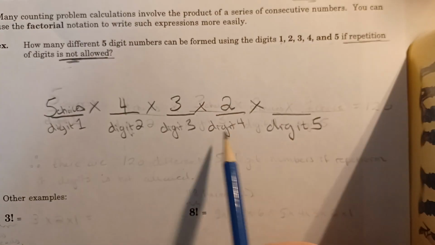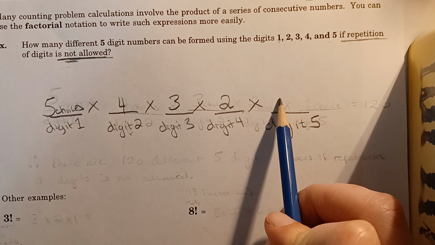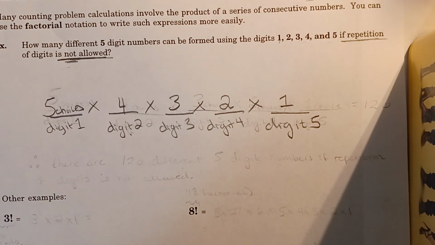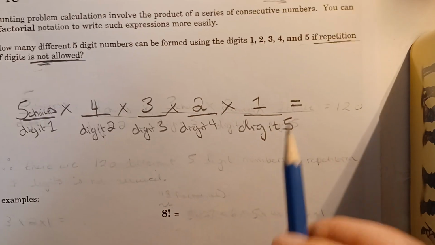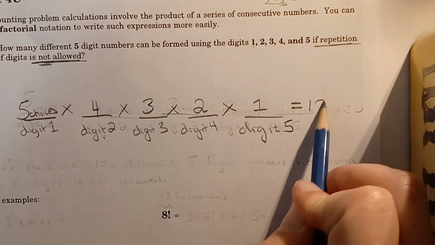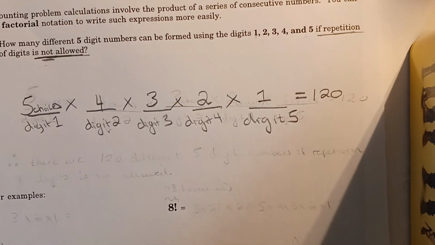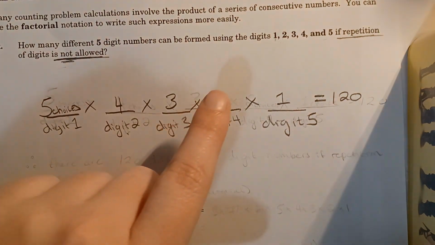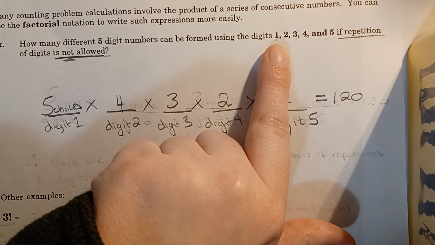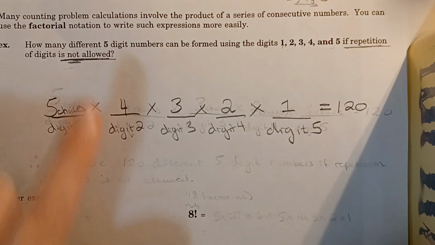Then continuing the pattern, 2 choices left for digit 4, 1 left for digit 5. So if we multiply those all together, we have 120 different 5-digit numbers that can be formed from the digits 1 through 5 if repetition is not allowed.